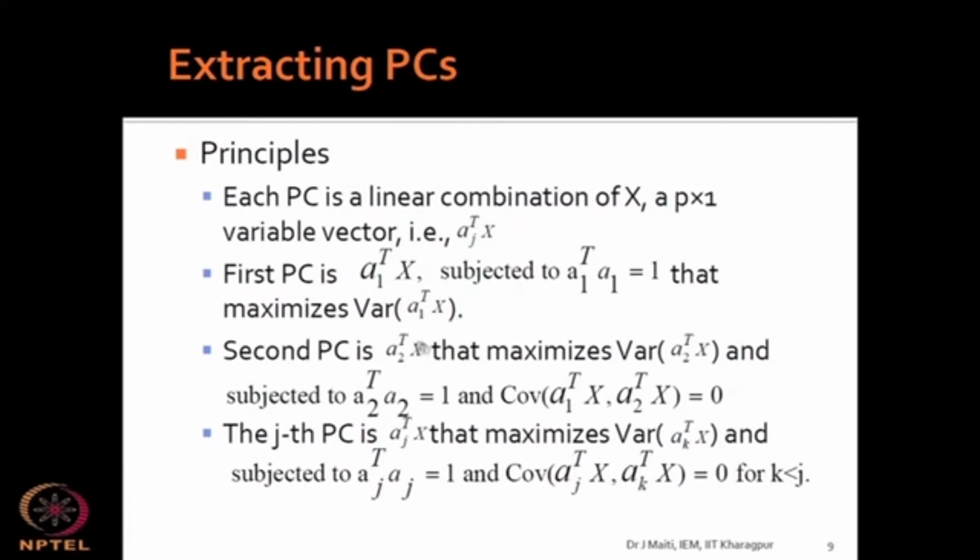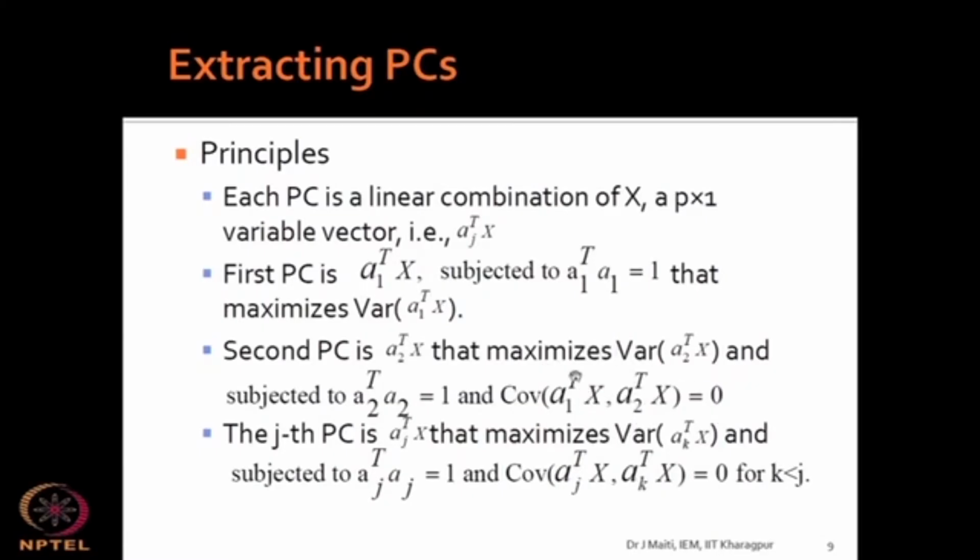Second PC is A2 transpose x, that maximizes variability of A2 transpose x subject to A2 transpose A2 equal to 1 and covariance of A1 transpose x, A2 transpose x equal to 0. Keep in mind this one. What is happening?